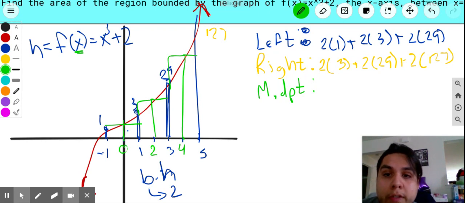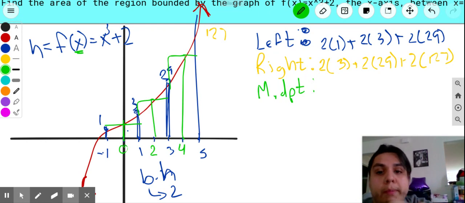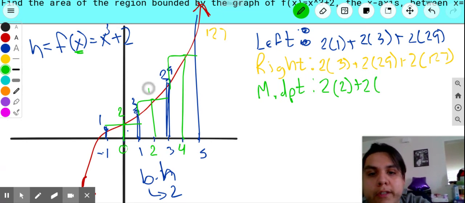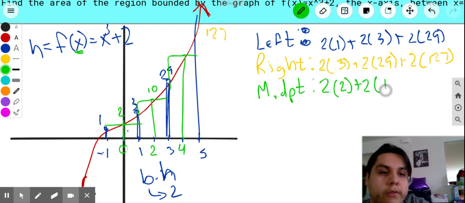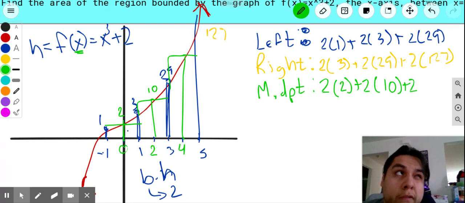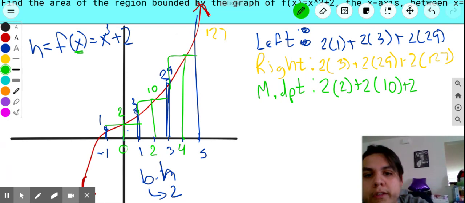So 0 cubed plus 2 would make that 2 for the height. So it'd be base of 2 times the height of 2, plus base of 2 times 2 cubed is 8, 8 plus 2 is 10. So 2 times 10 plus 2 times 4 cubed is 64, 64 plus 2 is 66.